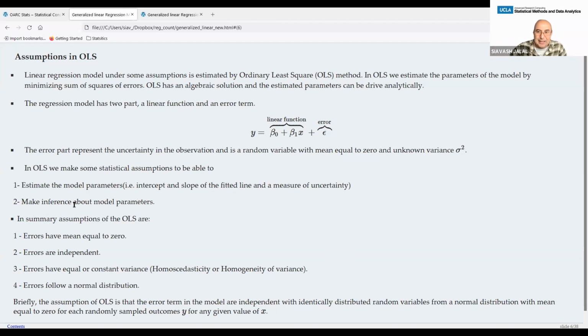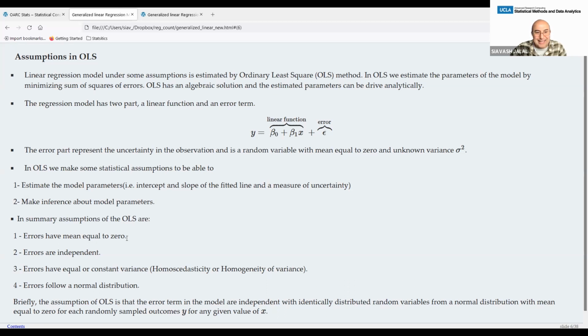This assumption is aimed at two things. First, to estimate the parameters, and second, to make inference. So to make the estimate unbiased, the error mean should be equal to 0.